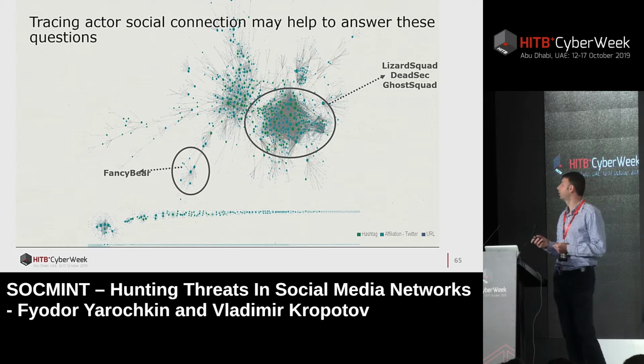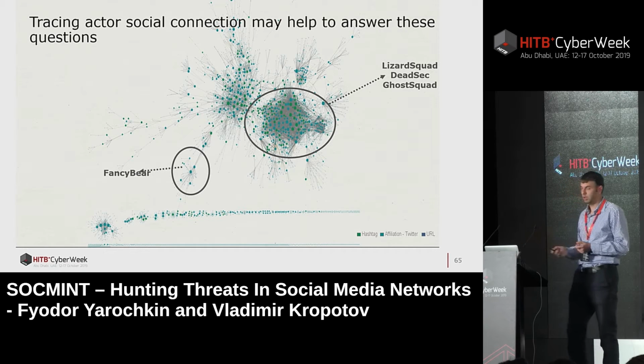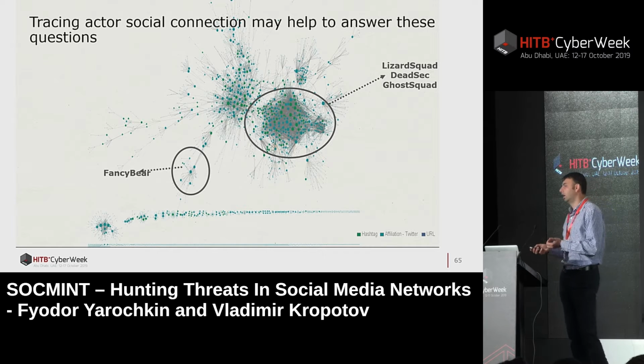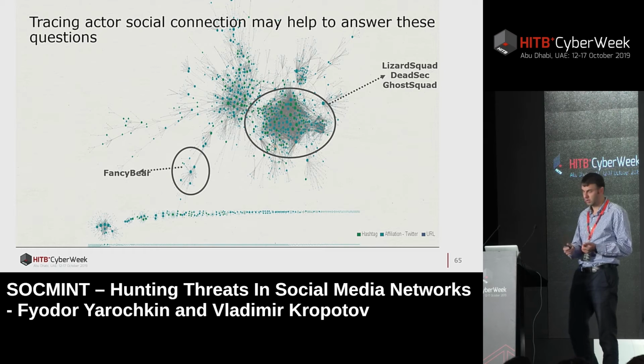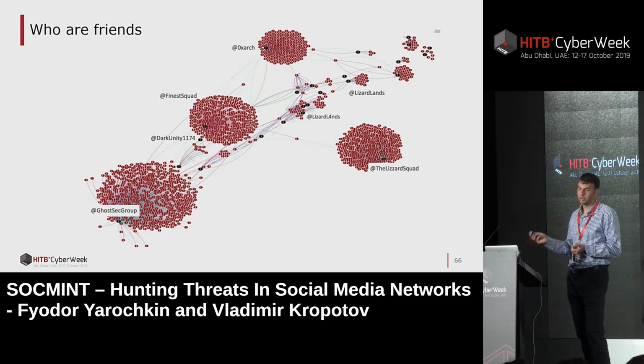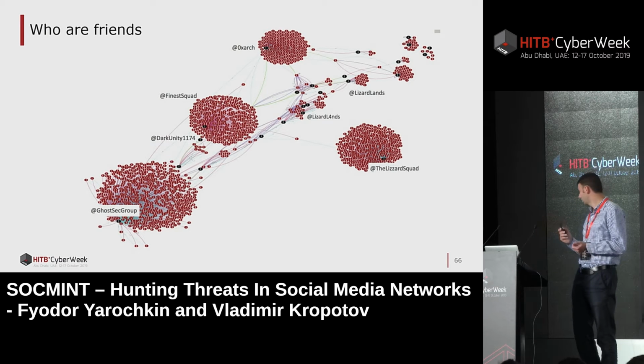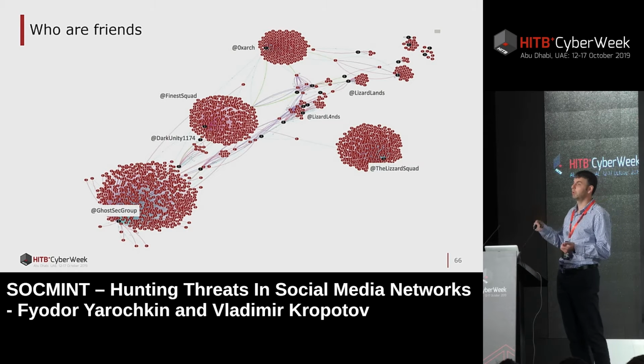If you visualize different hacking groups, for example, you can spot links and connections. This is just an idea, and you can visualize it by following, by retweeting, by their activities on social networks. So you can build different types of connections to understand the links between the groups.